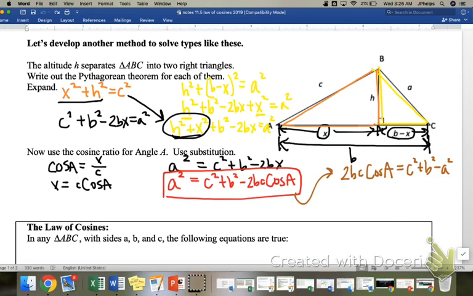And to get cosine of angle A by itself, we need to divide by 2bc from both sides. So that leaves us with cosine of angle A is equal to b squared plus c squared minus a squared over 2bc. So again, if you're solving for an angle rather than a side, it might be helpful for you to use this equation in this form. Or again, you can plug the numbers in as you usually would and solve for an angle like that.